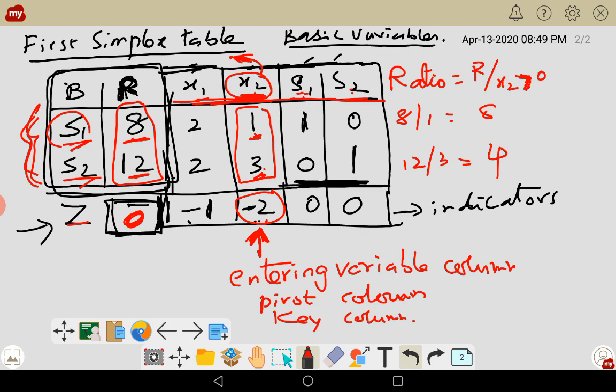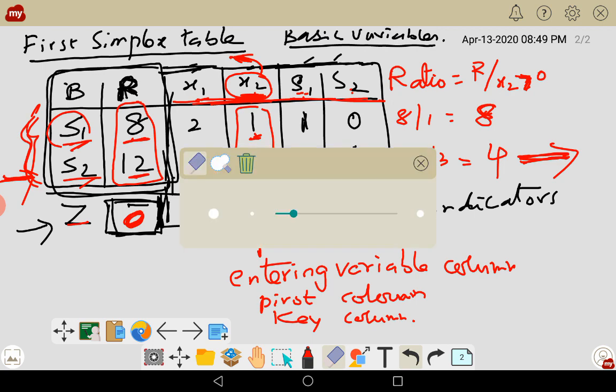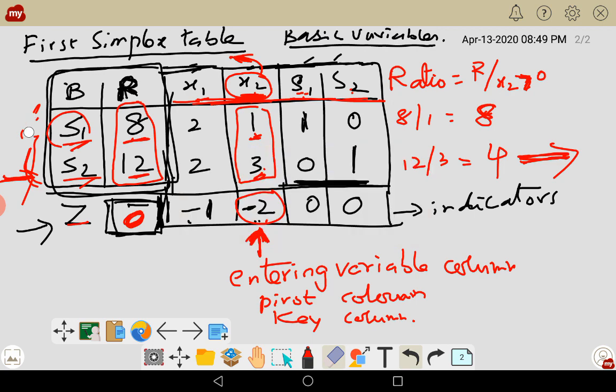Now we got two different ratios. One is 8, another one is 4. And we are supposed to choose the minimum value of the ratios. So the minimum value of the ratio will give you the leaving variable. The leaving variable is now s2.